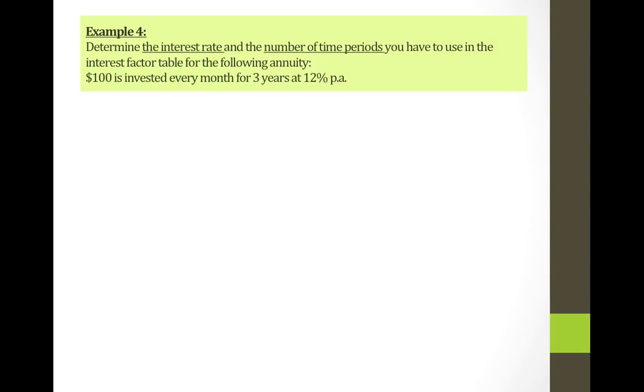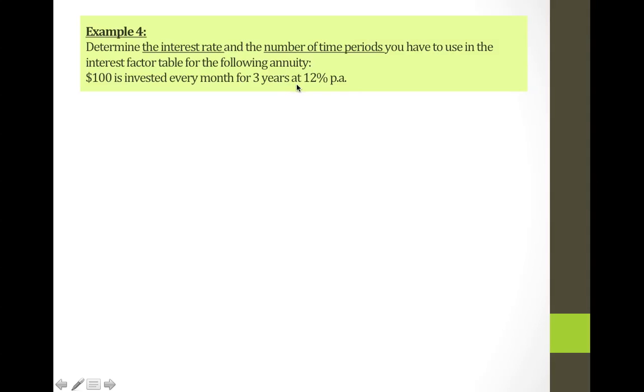A next example. Determine the interest rate and the number of time periods you have to use finding the factor in the interest factor table for the following annuity. $100 invested every month for 3 years at 12% per annum.